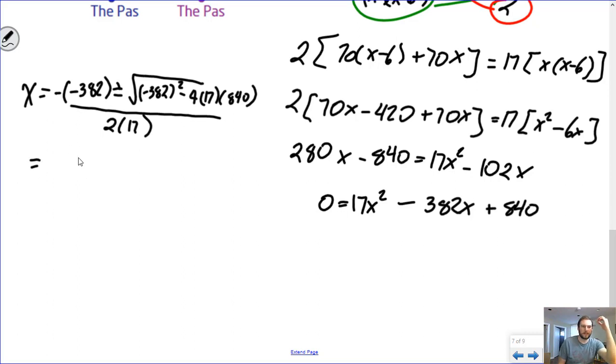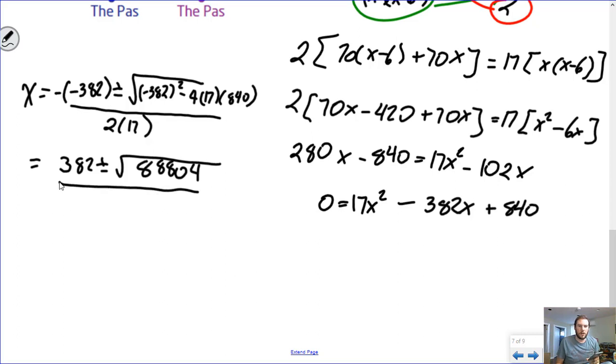Right, so start simplifying this a little bit. So the negative of negative 382 is positive 382 plus or minus the square root of 382 squared minus 4 times 17 times 840 is 88,804 all over 34.